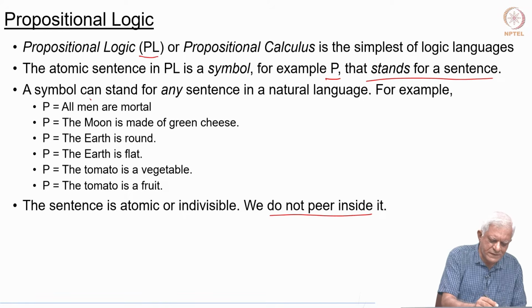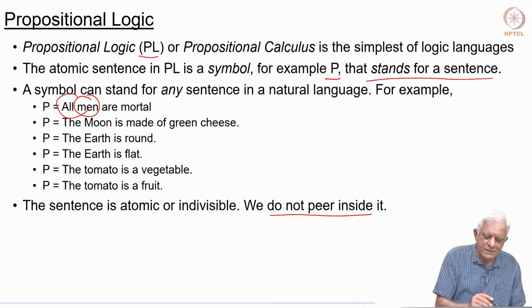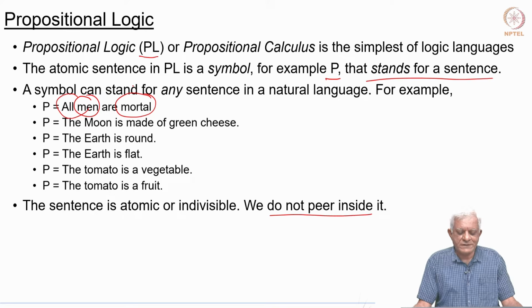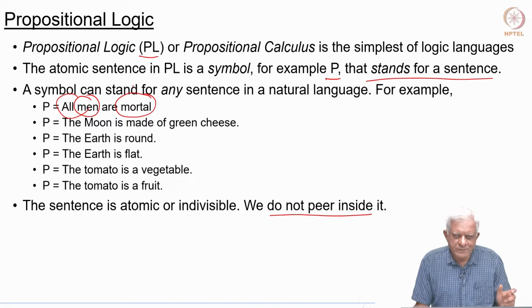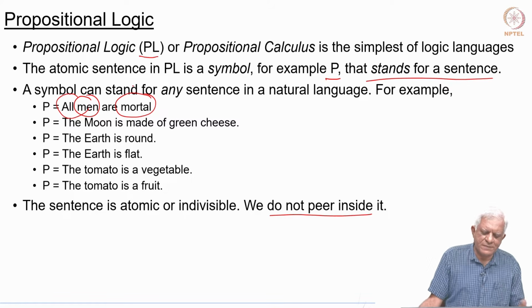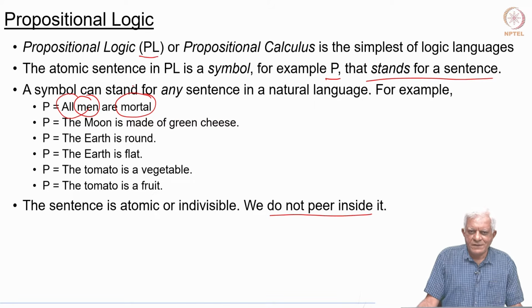We do not say that, oh, it is talking about men, and that it is talking about all men, and then it is talking about some property that all men have, which is that they are mortal. We do not break it down further. We simply say this is a sentence P, and you tell me whether it is true or not, and then I will do something with it. Whatever logical reasoning one can do, one will do with that essentially.